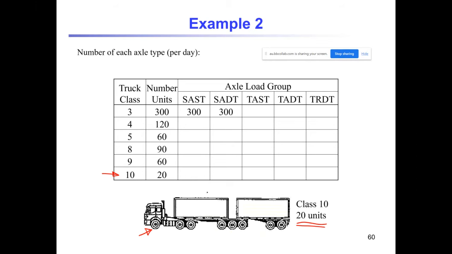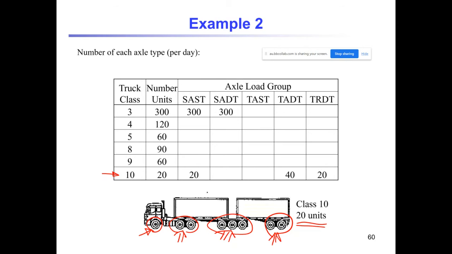So it means that we have 20 single axle, single tire, 40 tandem axle dual tire, and 20 triaxle dual tire.